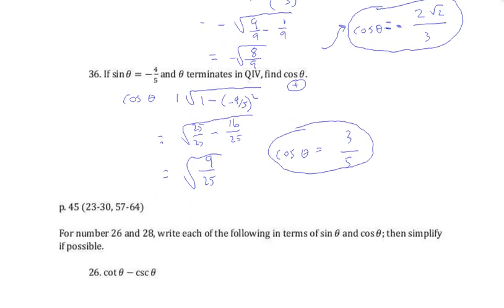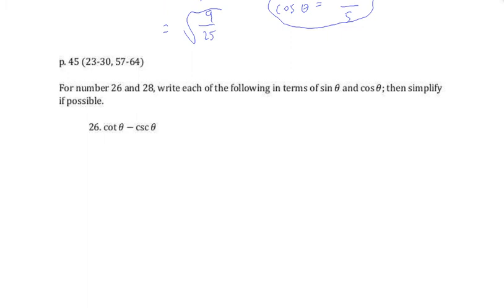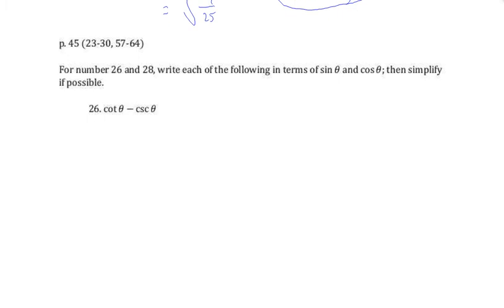Moving on to the next section. Here we're beginning to lay the foundation for verifying trig identities. One of the strategies that we talked about to do that in this course so far was to rewrite as sines and cosines. So I take a look here, cotangent theta.